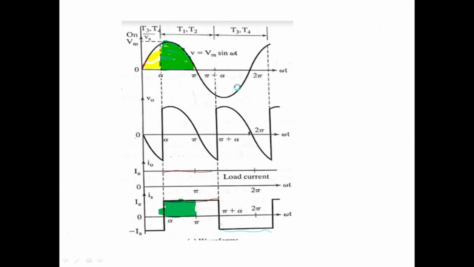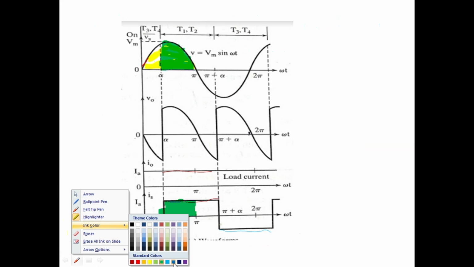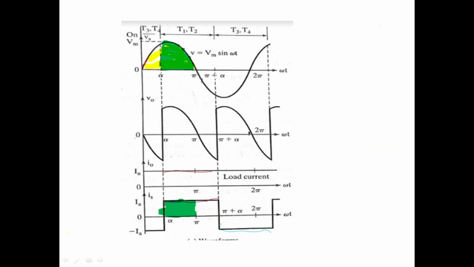Okay. Next. From pi onwards, what happens? We'll see what the power is. On this side you can see the input voltage is negative right now.